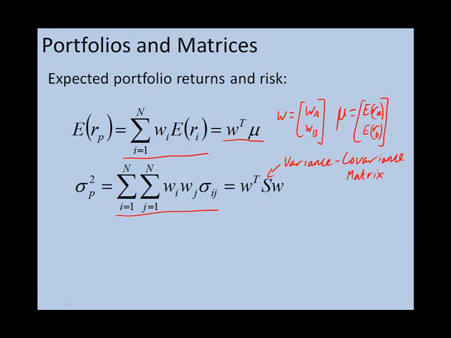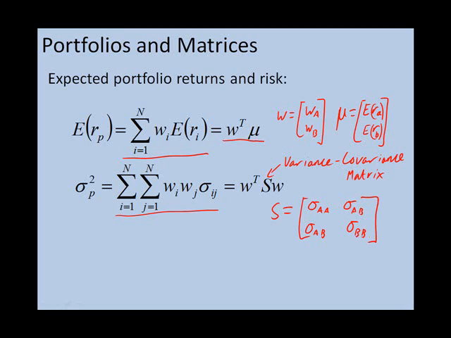So we do W transpose times by S times by W. The variance covariance matrix S takes the following form. It's going to be a 2 by 2 matrix if we're looking at two assets. It's going to be sigma AA, sigma AB, sigma AB, and then sigma BB.